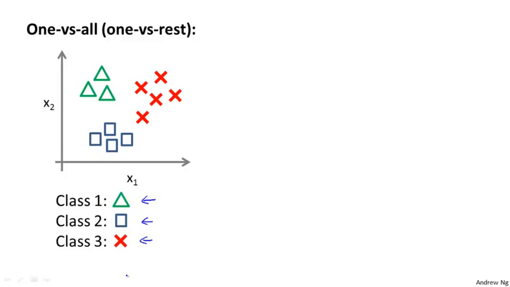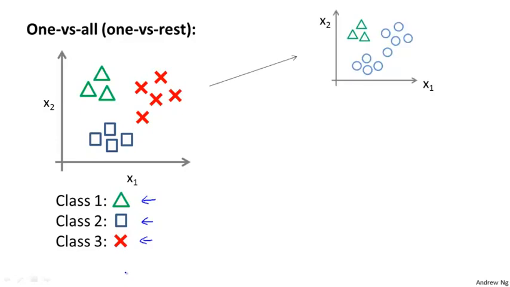So let's start with class 1, which is a triangle. We're going to essentially create a new sort of fake training set where classes 2 and 3 get assigned to the negative class and class 1 gets assigned to the positive class. We're going to create a new training set like that shown on the right, and we're going to fit a classifier, which I'm going to call h subscript theta superscript 1 of x, where here the triangles are the positive examples and the circles are the negative examples.